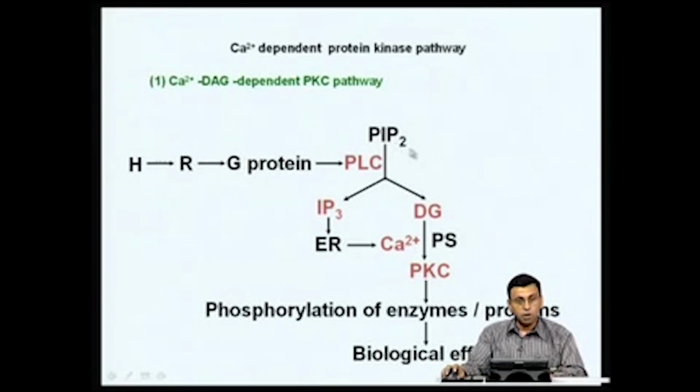Now, phosphatidylinositol bisphosphate is a very important lipid molecule that remains anchored to the cell membrane, and phospholipase C now cleaves the phosphatidylinositol bisphosphate into inositol triphosphate and diacylglycerol.